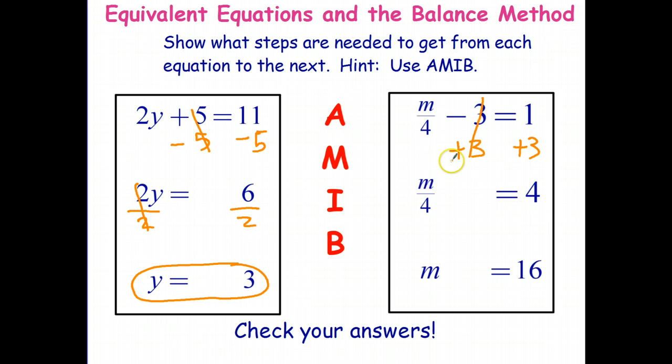So that equation has the same solution as that one. And finally, to get from there to there, I had to multiply both sides by 4. And that gives me the final solution, which is m equals 16. So once again, if you're not writing equivalent equations in your solution, you're not setting your work out correctly.